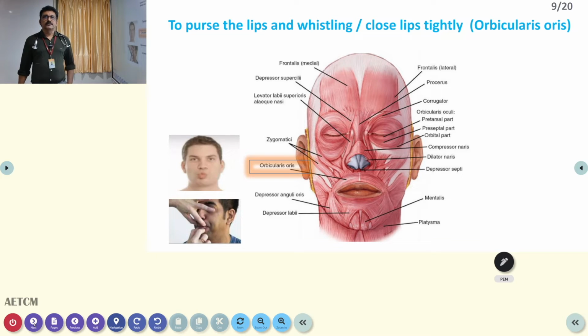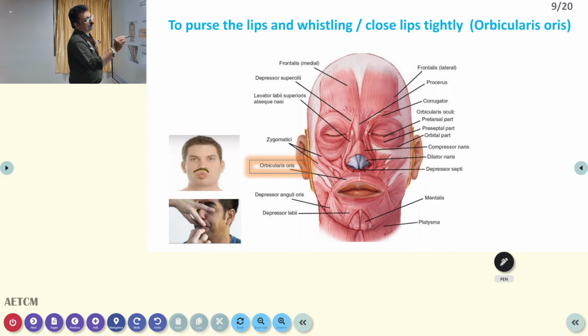The next muscle is purse lip or whistling movement. We are testing the orbicularis oris. You can test like that. The patient is trying to close the mouth, and the examiner will try to open the mouth.